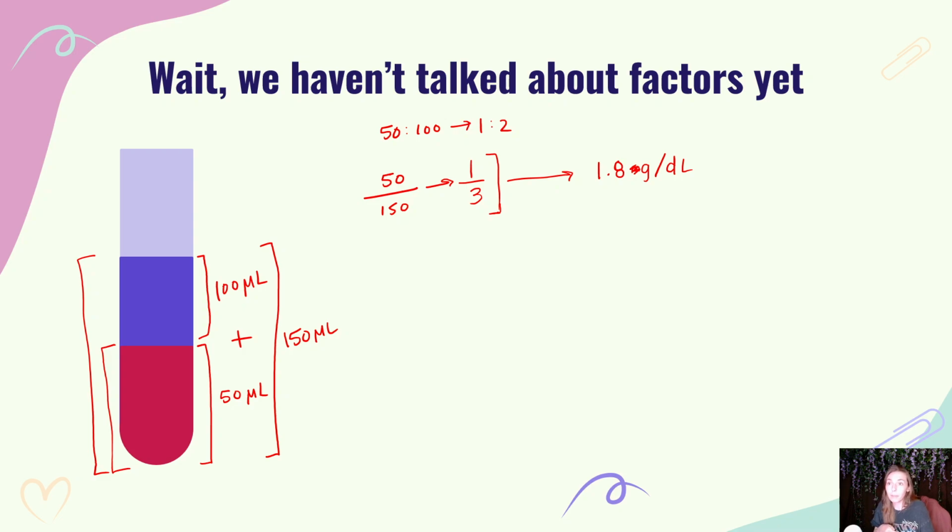Well, we're over here trying to measure the concentration of something, but this concentration is not reflective of what is in the actual patient sample because we messed with it. We screwed it up. We made it weird. We don't want to try and take that and apply it and report 1.8 grams per deciliter out to the physician because it's not reflective of the actual patient state. And what happens if you tell the doctor something about a patient?